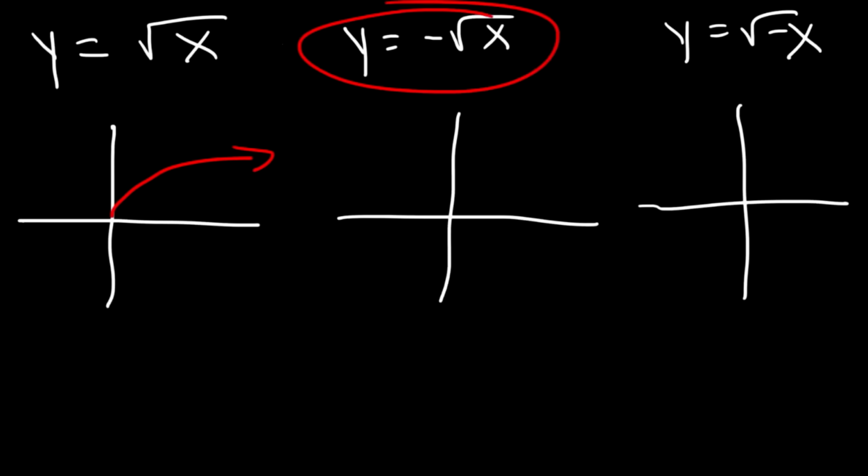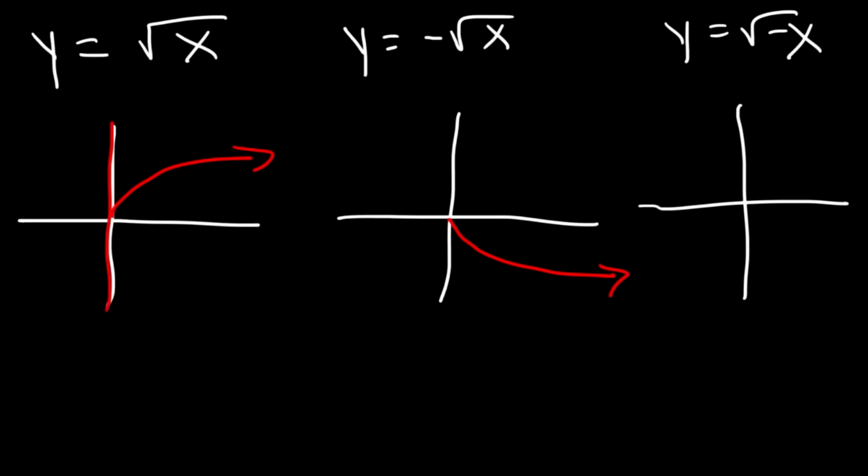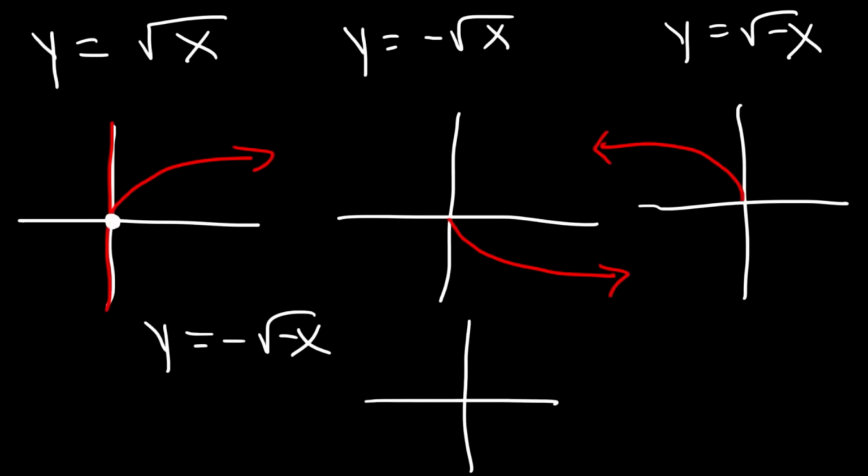So this one reflects over the x-axis. Therefore, it's going to look like this. This one reflects over the y-axis. And here's the y-axis. And so it's going to go that way. And if we have a negative on the inside and the outside, it's going to reflect over the origin. And so it's going to go towards quadrant 3.